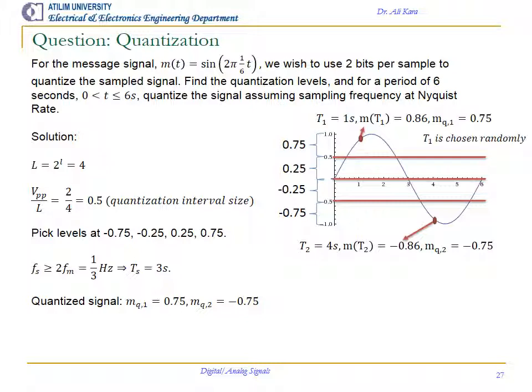That corresponds to a quantization interval of 1/2. Pick a random starting point for sampling, and find the sample points. According to the quantization levels, map them to the nearest quantization level. Note that where you begin quantizing doesn't matter, so long as you are in the 6-second interval. In this example, the starting point is chosen randomly as 1 second.